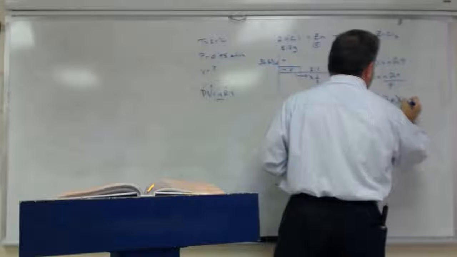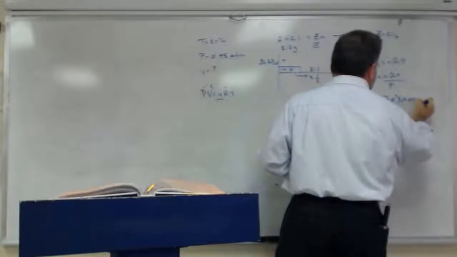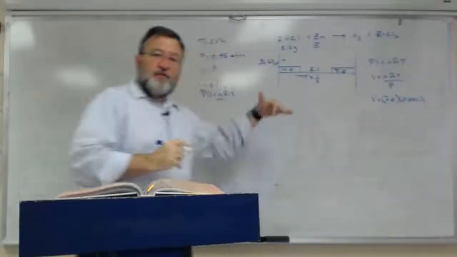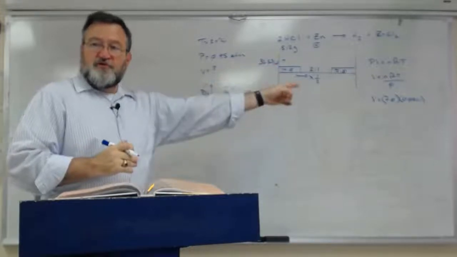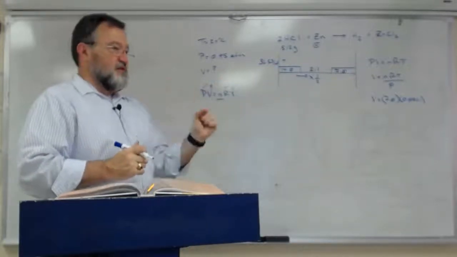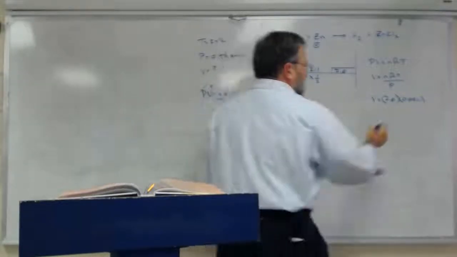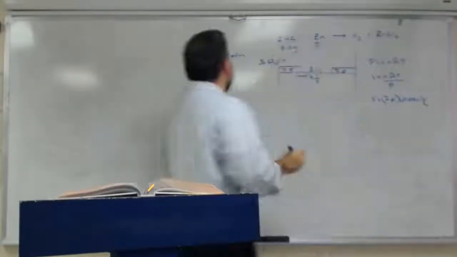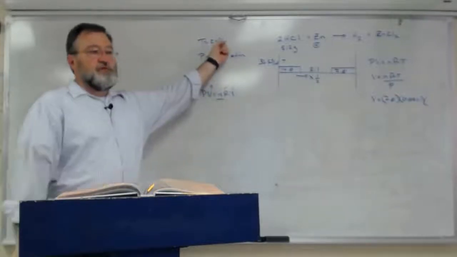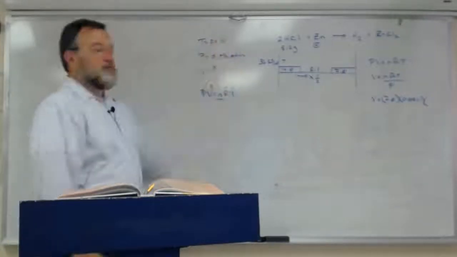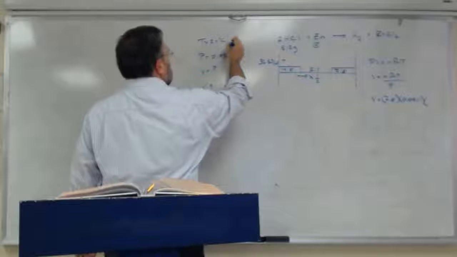R is 0.0821, and I'm going to drop all the units. We've already done that once, okay? But using 0.0821, make sure that it's in liters, atmospheres, moles, kelvins. Temperature. Can I use that temperature? I need to convert it to Kelvin, right? So 273 makes it 297.